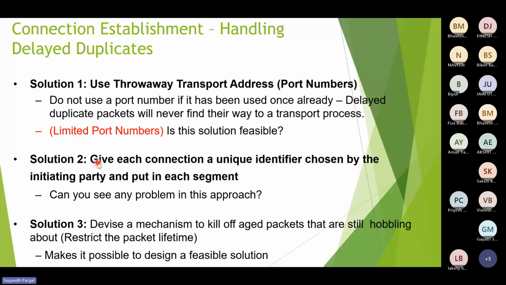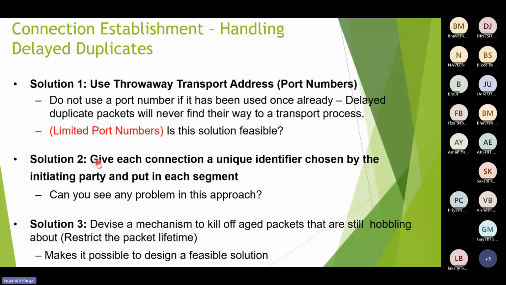So the user end will be able to differentiate the latest request from the previous request, and it will try to accept one of them. However, this solution is very infeasible in the real world because there are a limited number of ports, and if we give multiple port numbers, they will be exhausted.